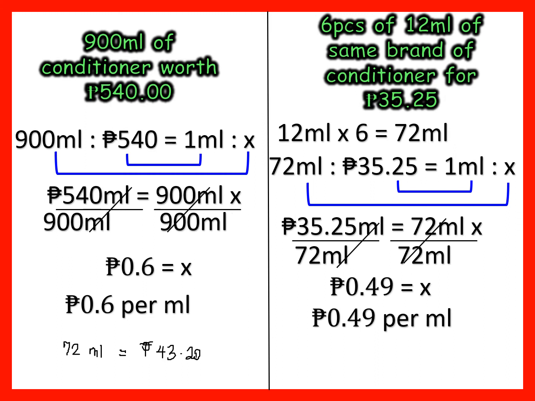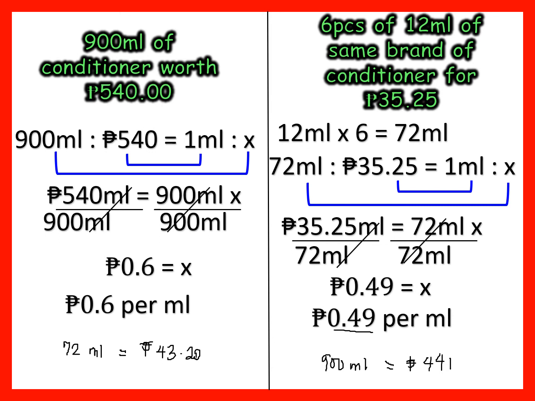Okay, next. Since it is 0.49 per ml, let us find how much is for 900 ml. 0.49 multiplied by 900. So again, for 900 ml, the cost is 441 pesos.